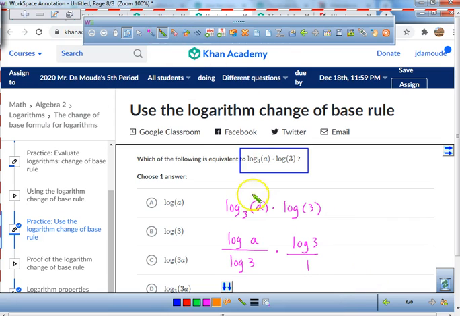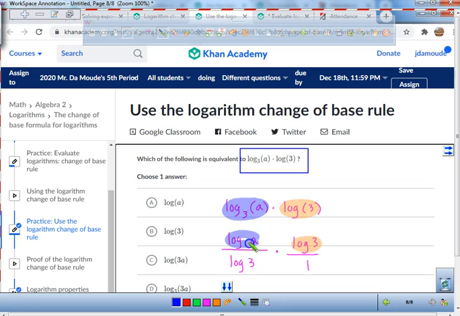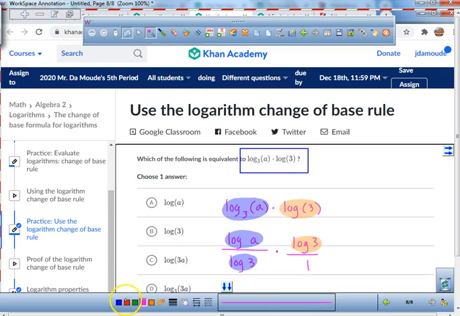So what did I change? What did I keep the same? I kept this guy the same. What did I change? I took this and did what with it? Made it log of a over the log of 3. Now what ends up canceling out? Those, right? And what are we left with? That's why the answer is A.